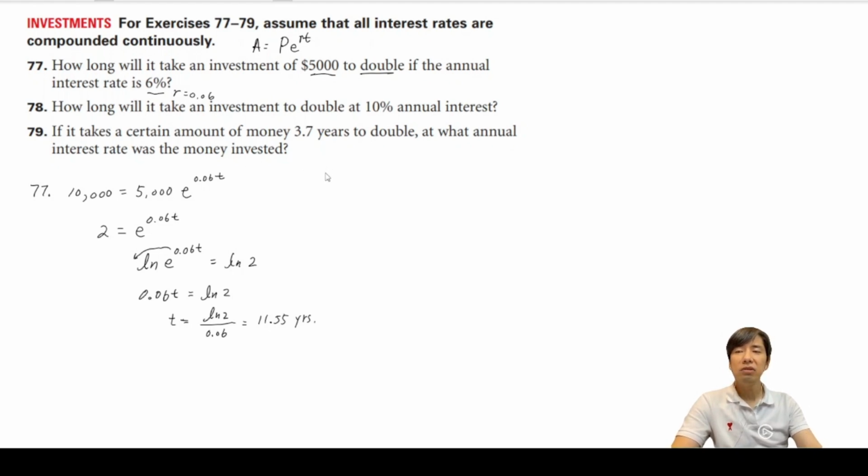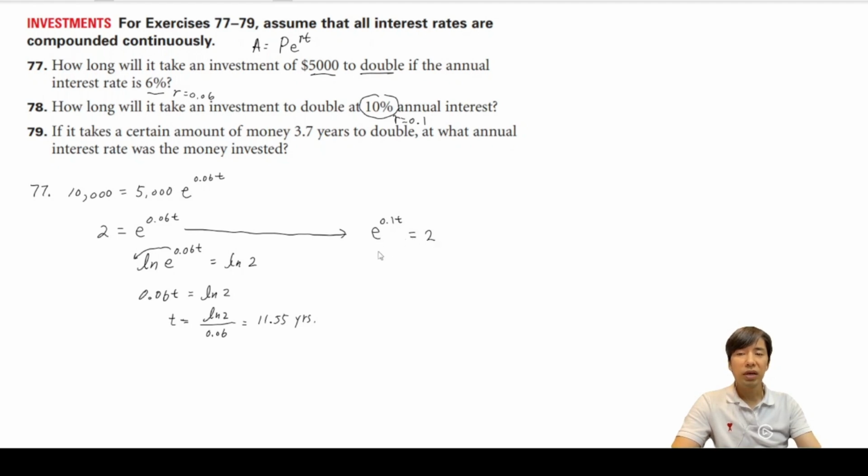78, how long will it take an investment to double at 10% annual interest rate? So same thing, okay? The only difference is the difference in rates, from 6% to 10%. So I'm going to take this one and put in the rate r of 0.1. So this becomes e to the power of 0.1t, and this should equal 2.